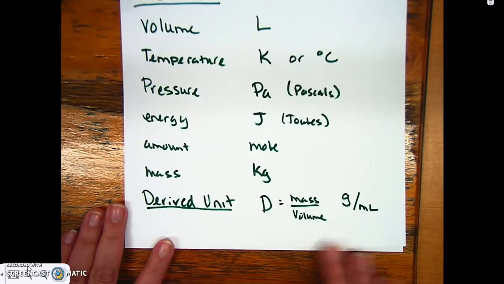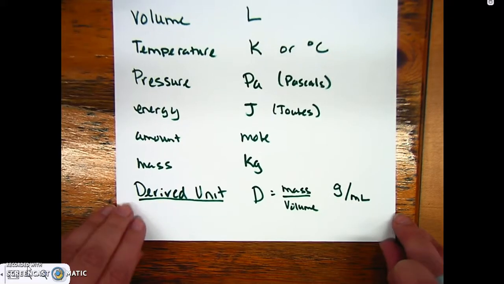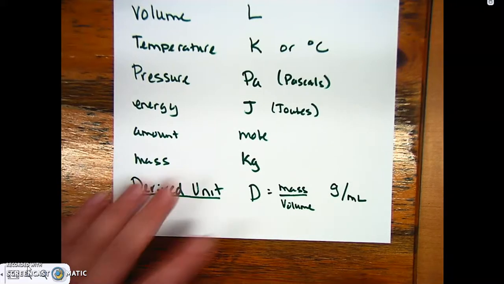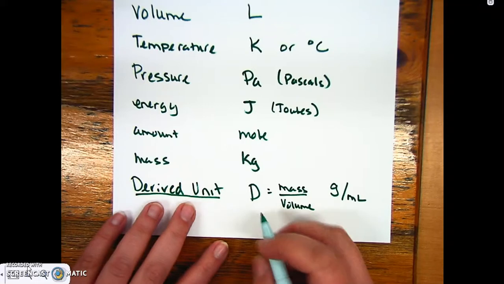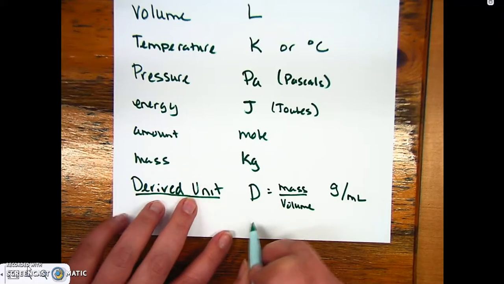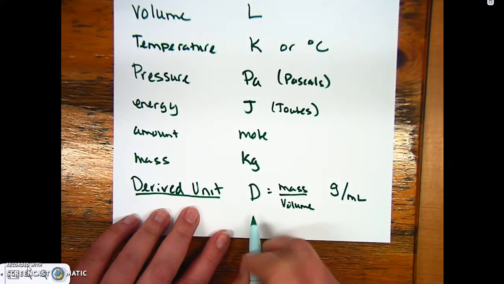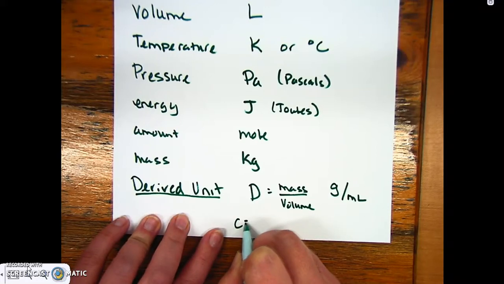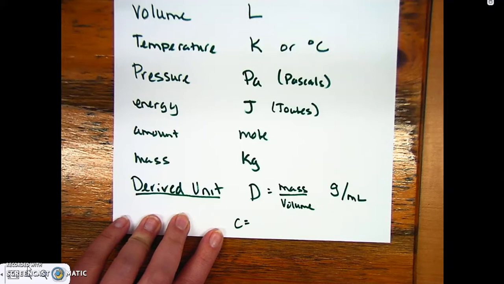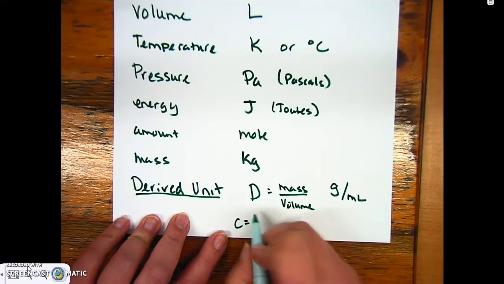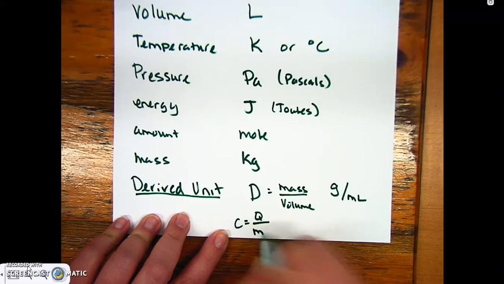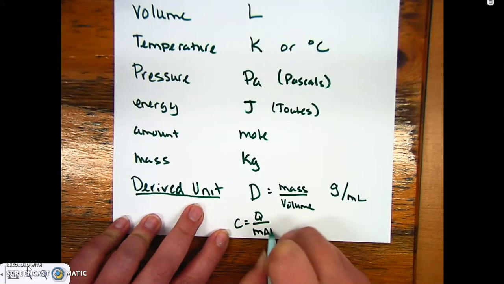Okay. The other derived unit that we've looked at on the front of our reference table is something called specific heat. The equation for specific heat is kind of complicated, but I'll just draw it out here for you, and we don't really have to worry too much about it until way later in the semester. C is the letter that's used for specific heat, and C is equal to Q, which is energy, divided by mass times the change in temperature.